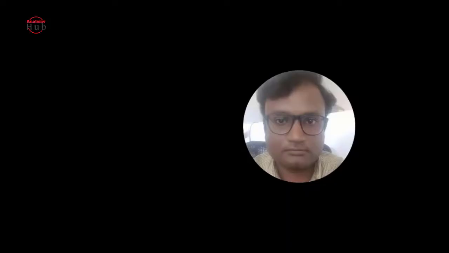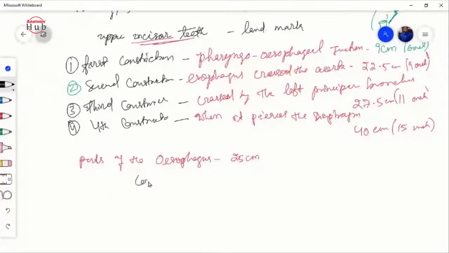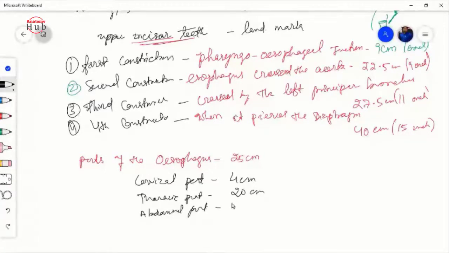The cervical part will be near about 4 cm in length. Thoracic part, that will be near about 20 cm, and you will find the abdominal part, that will be near about 1.2 cm.